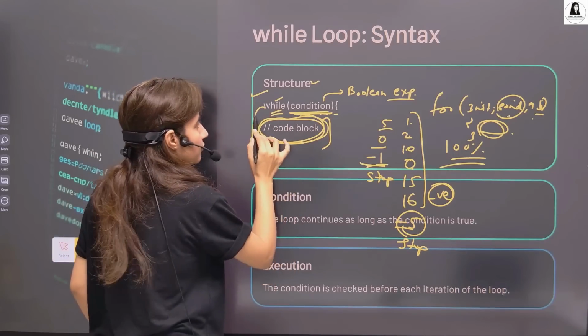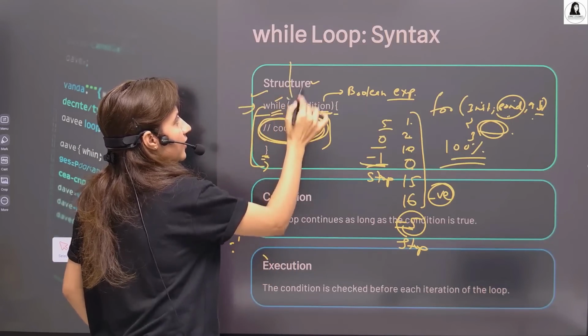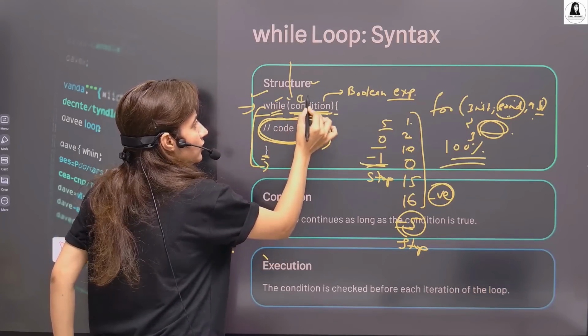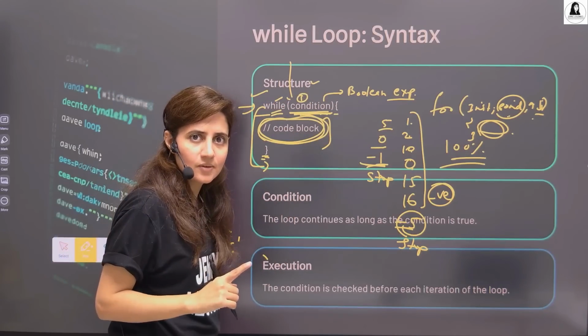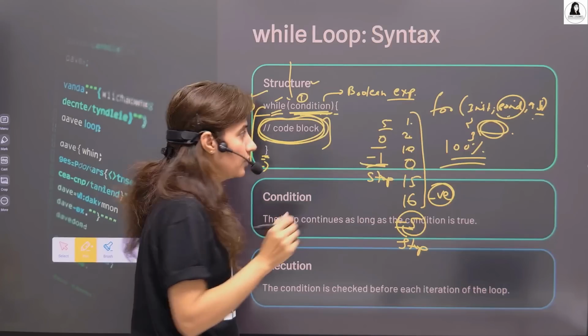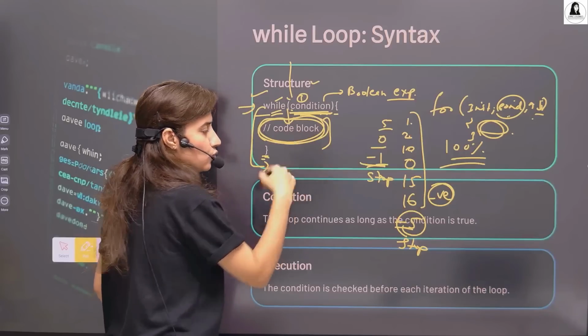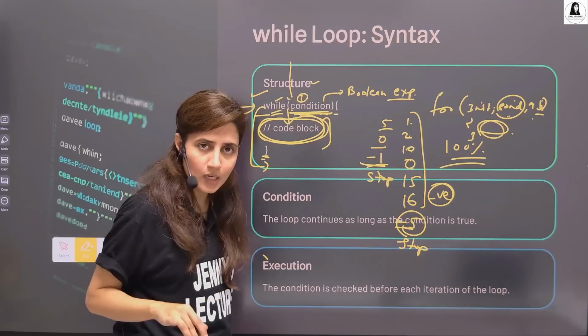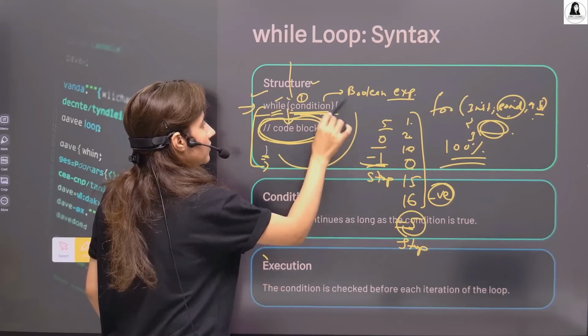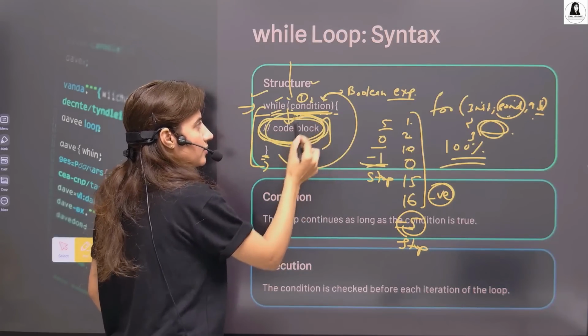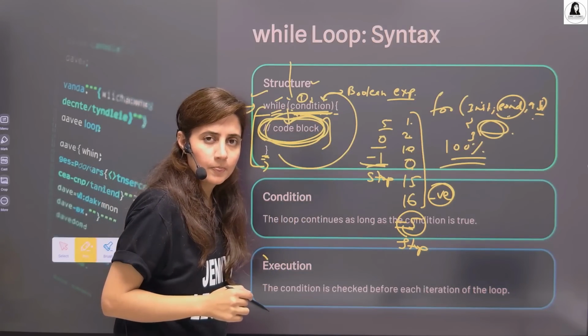The working is this. First, whatever is there at first, if you have some initialization, that is done. Then the condition is checked. If the condition is true, then control enters the loop body. All the statements written there are processed. Again, the condition is checked. If still true, again we enter the loop body.